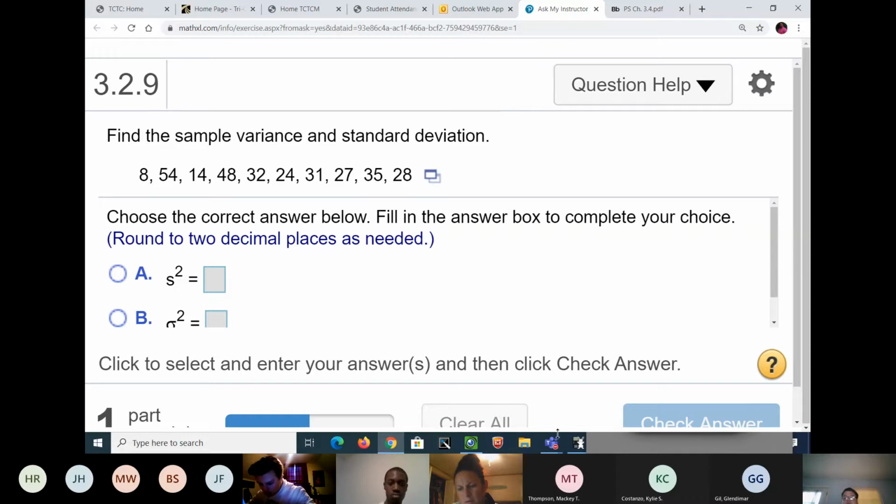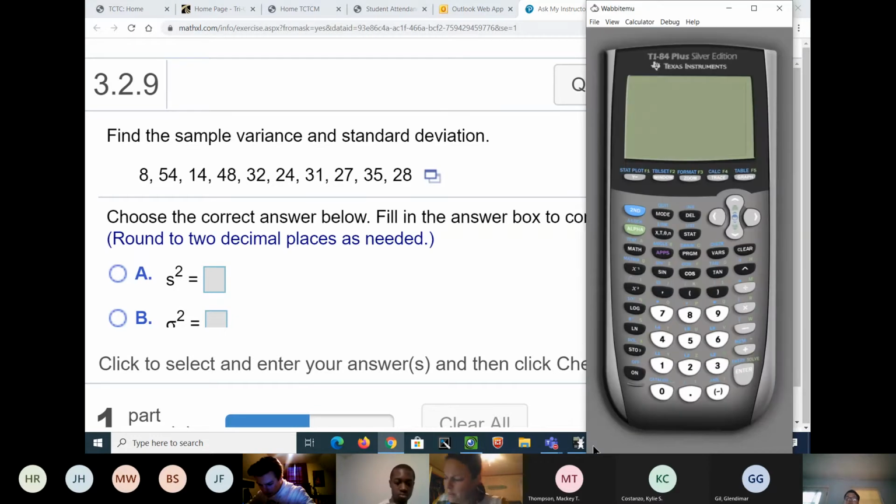All right, I'm going to take my calculator. The standard deviation is 13.8187297.